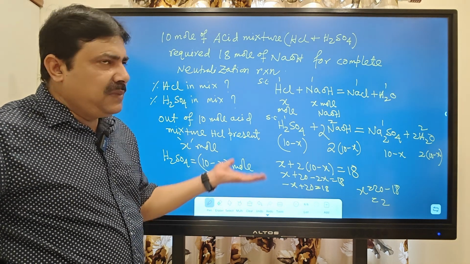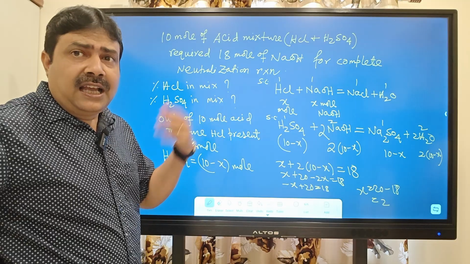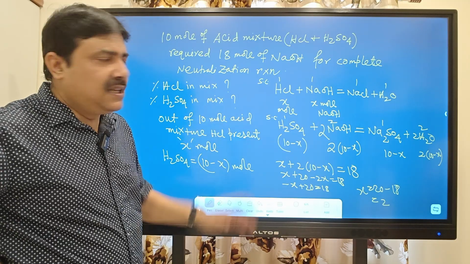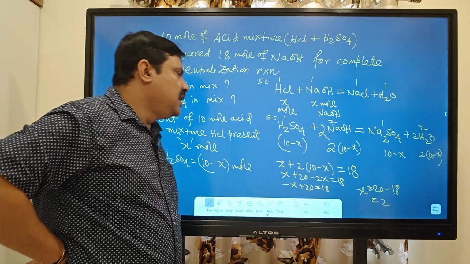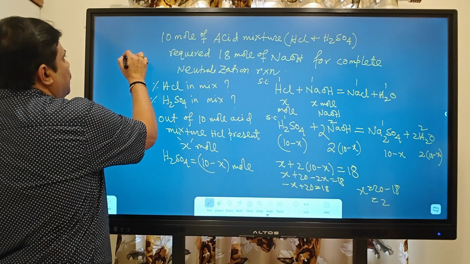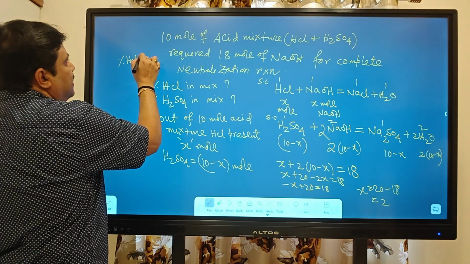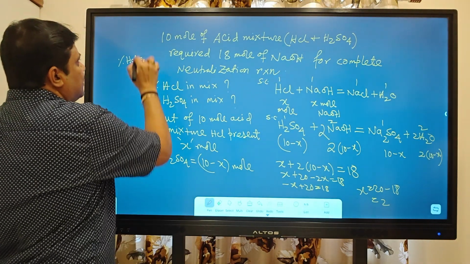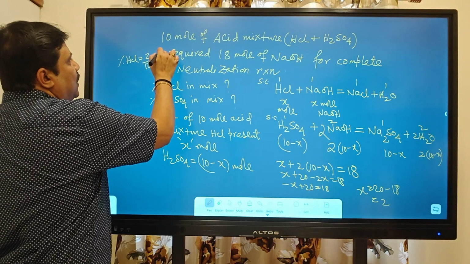So out of 10 moles of acid mixture, 2 moles is HCl and 8 moles is H2SO4. Percentage of HCl: x is 2, so 2 moles with respect to the total mixture of 10, into 100.